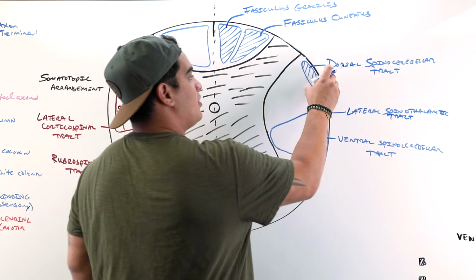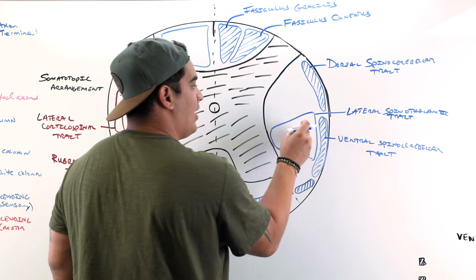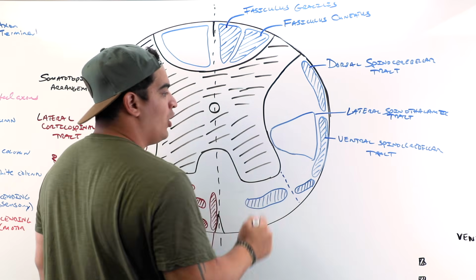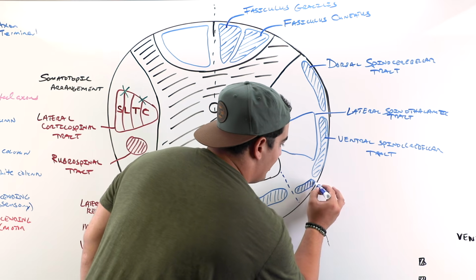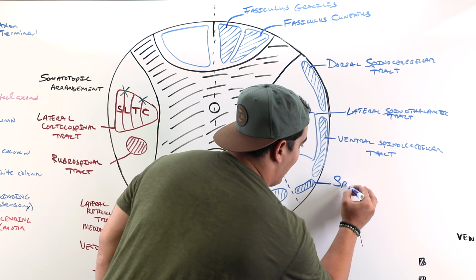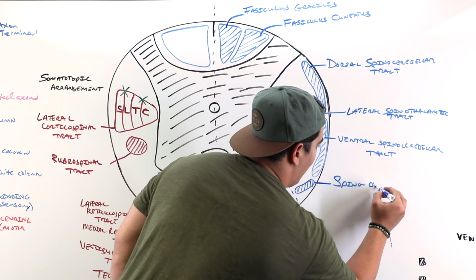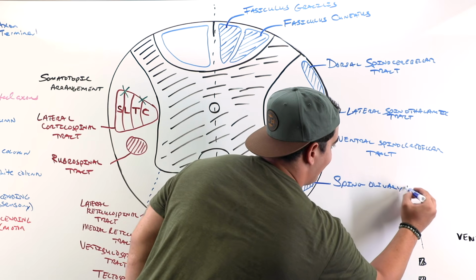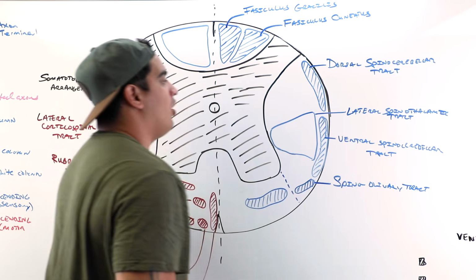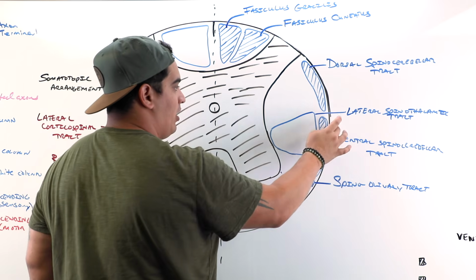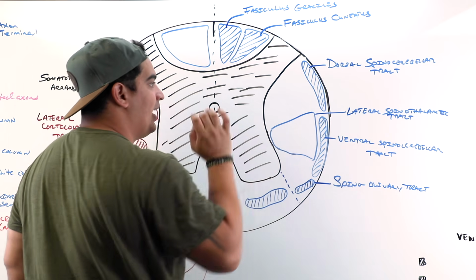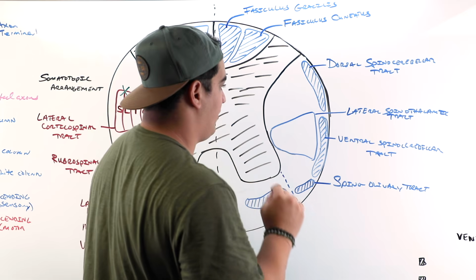So we have dorsal spinocerebellar tract, ventral spinocerebellar tract, lateral spinothalamic tract. One more tract here, which is in the lateral white column. It's this one right here. This one here is called the spinal-olivary tract. Okay, so we have all of these ascending tracts present within our lateral white column. Dorsal spinocerebellar, ventral spinocerebellar, spinal-olivary, and lateral spinothalamic tract.